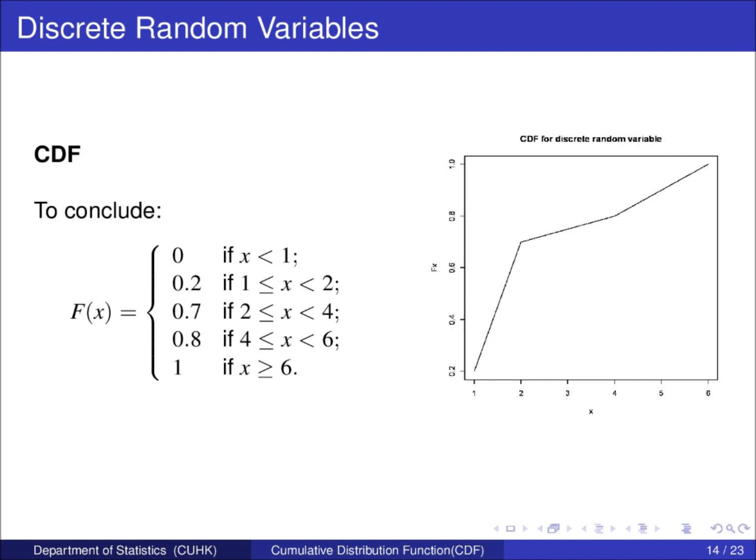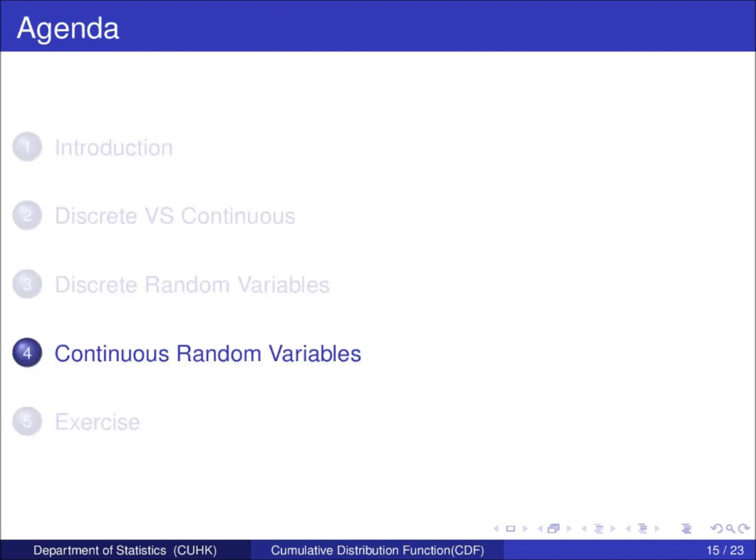If x is larger than or equal to 2 but smaller than 4, the CDF will be equal to 0.7. And if x is larger than or equal to 4 but smaller than 6, the CDF equals 0.8. And finally, if x is larger than or equal to 6, the CDF will be equal to 1.